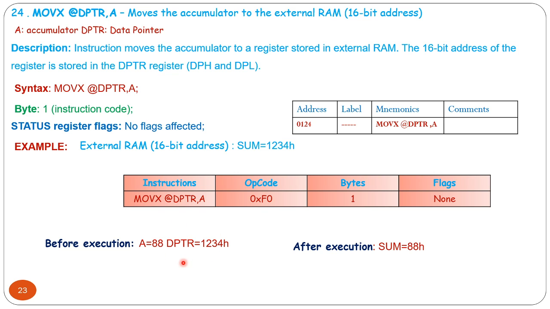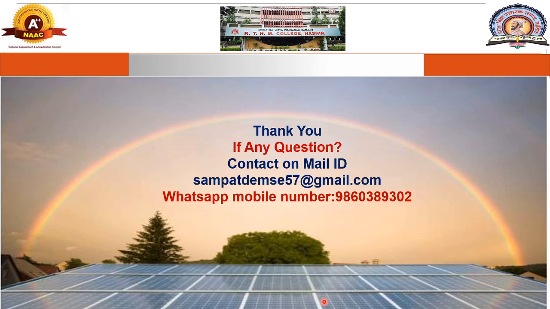After execution, the content of accumulator remains 88H, and the external memory now has the content of accumulator, that is 88H. This memory is located up to 64K size.